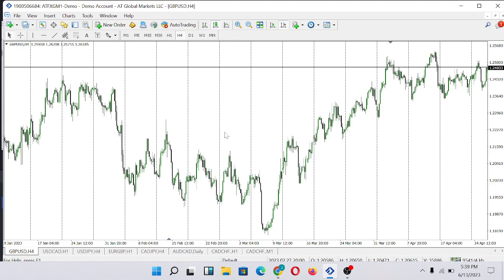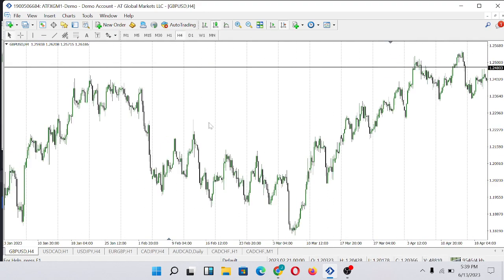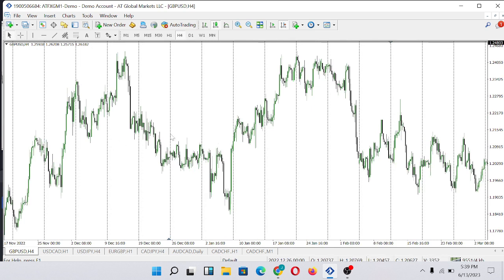But the second one is downtrend. It makes a high, a low, lower high, lower low. So the movement for a downtrend is lower high and lower low, but that of uptrend is higher high and higher low.